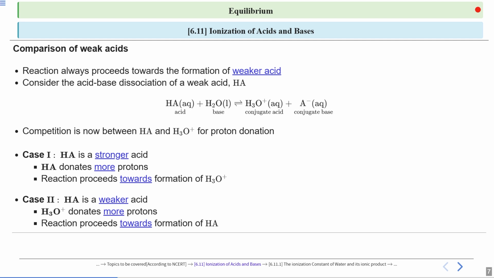Is it clear? So this is the reason I was saying that the reaction will always proceed to the formation of the weaker acid. This was the reason we were seeing the Bronsted-Lowry concept. To compare the weak acids, it is very comfortable to deal with this Bronsted-Lowry concept. Okay.